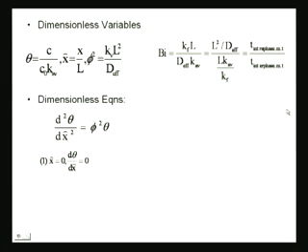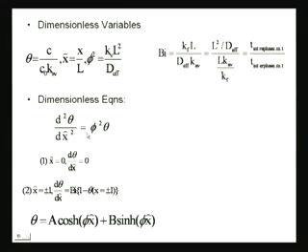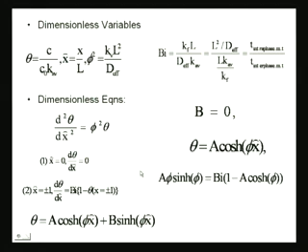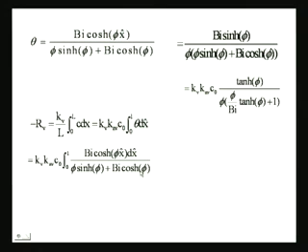Then we ended up with an equation like this, d squared theta by dx squared equals phi squared theta, phi being the Thiele modulus, and the boundary conditions. The boundary conditions included the Biot number, which is the ratio of external mass transfer to internal mass transfer. Based on that we got the solution and found the effectiveness factor.